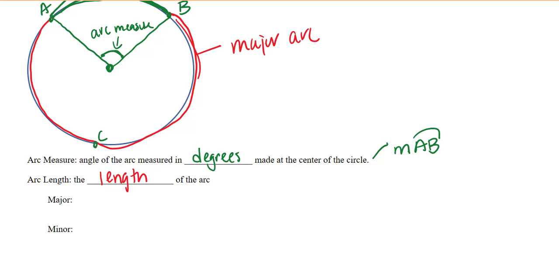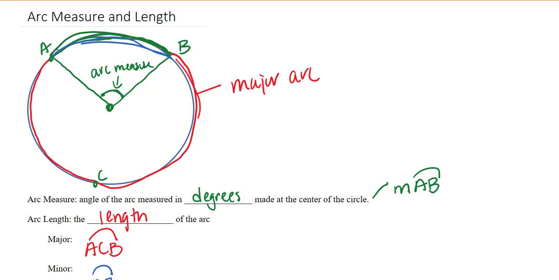To indicate this, we would show it like this. It's still going from A to B, but it's going through the point C, so we indicate it through C. Because the minor arc is considered just AB, and this right here is the minor arc.